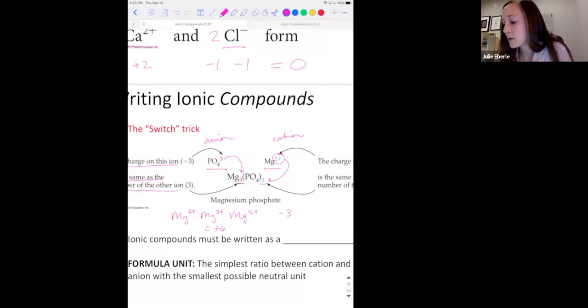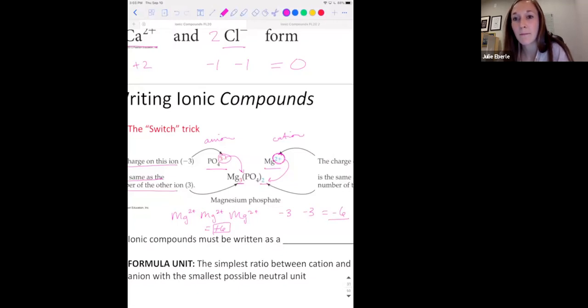So we have -3 and -3 because each one has a -3. And that adds up to -6. +6 and -6, that balances as charge neutral. How did we know we had 2 phosphates? Well, we looked at the charge on our cation. It was a 2. And that tells us how many anions, and phosphate's the anion.